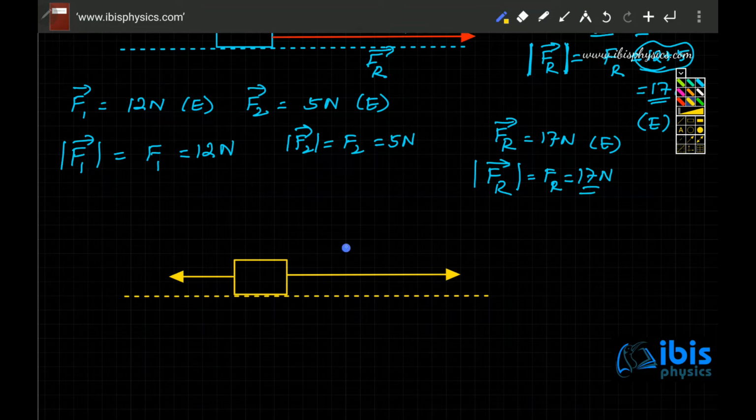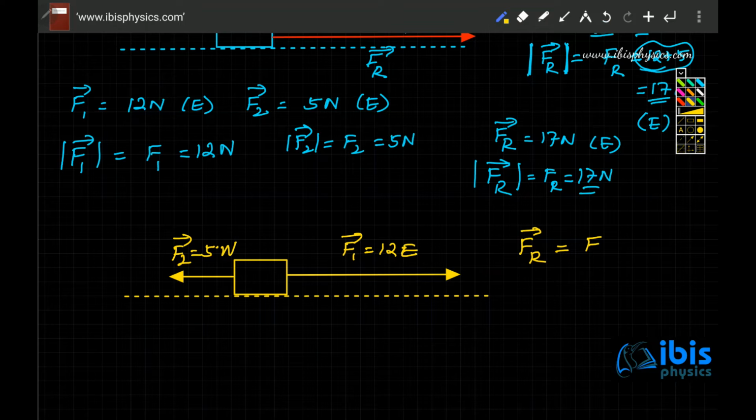Now, F1 vector is 12 Newton east, but F2 vector is 5 Newton west. Now, what is the effect of these two vectors?